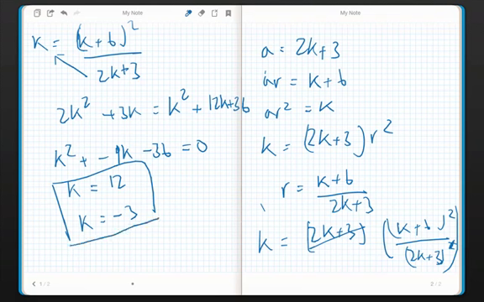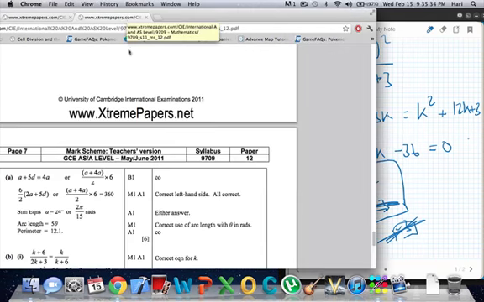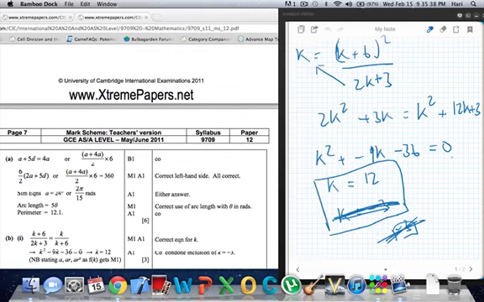Now k cannot equal minus 3 because all terms have to be positive. So we rule out this answer. So k has to equal 12. Now let's check if our answer is right. K is equal to 12. So we're right. Now I'm going to clear the page.